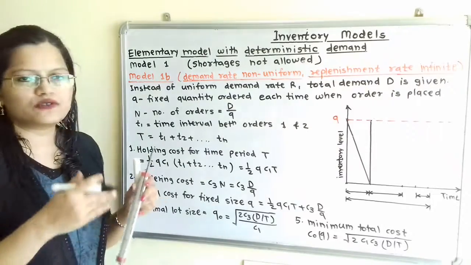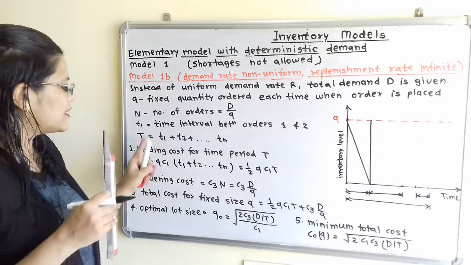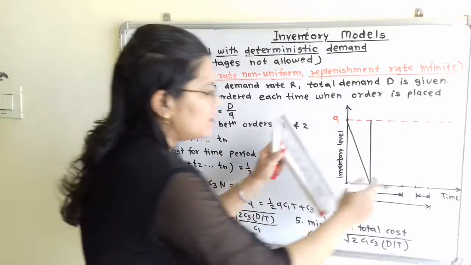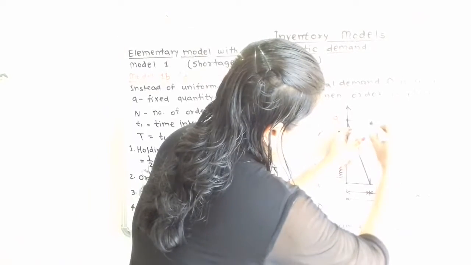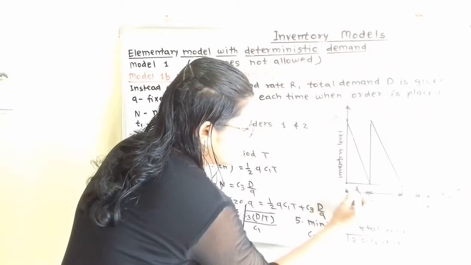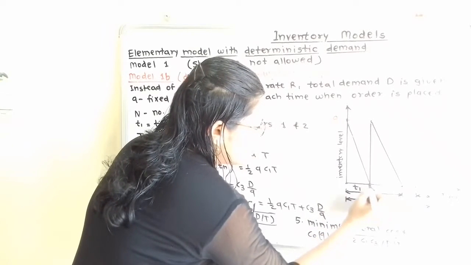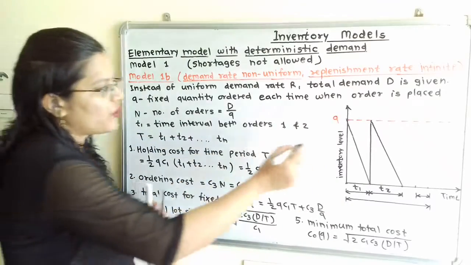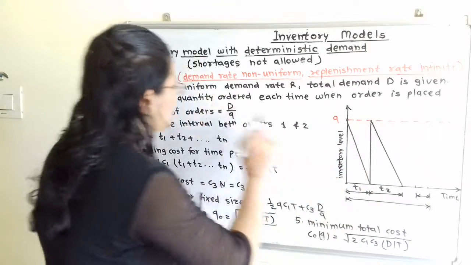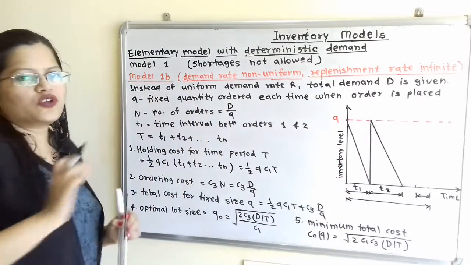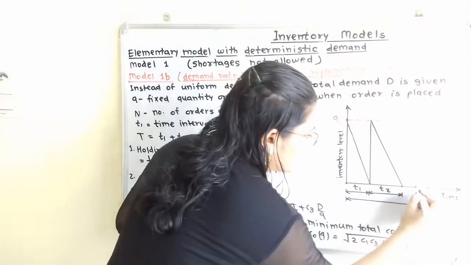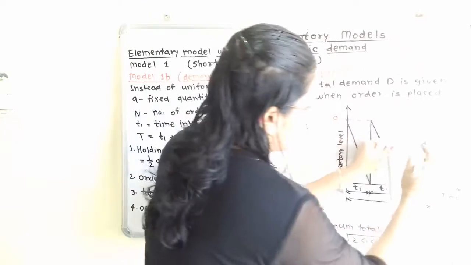Now again we have to show the time interval T2, that is the time interval between orders 2 and 3. This T1 and T2 are different. Between the first and second orders is time interval T1, between 2 and 3 is time interval T2, and so on. If we observe, these slopes are different because demand rate is non-uniform. Now we have to show Tn, for n orders.